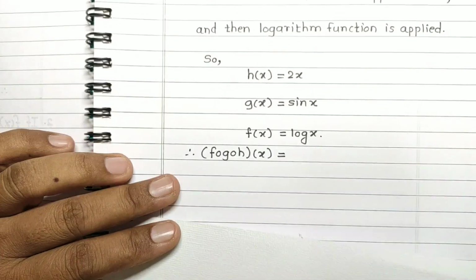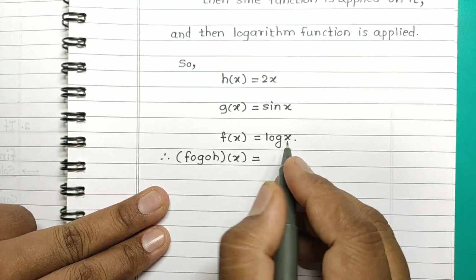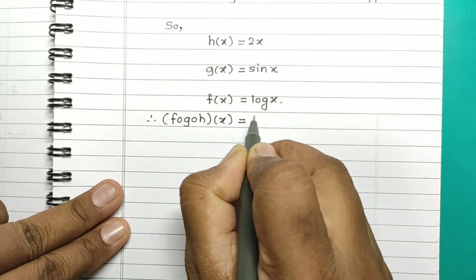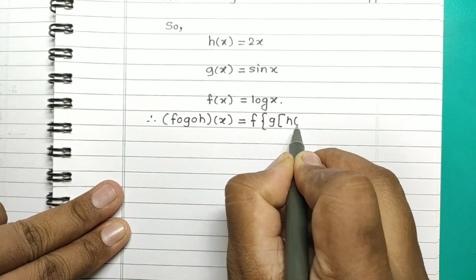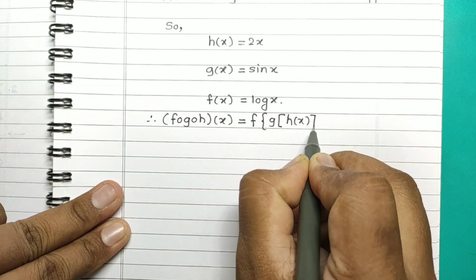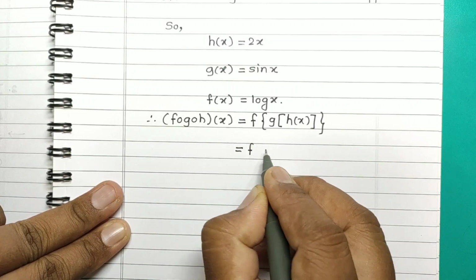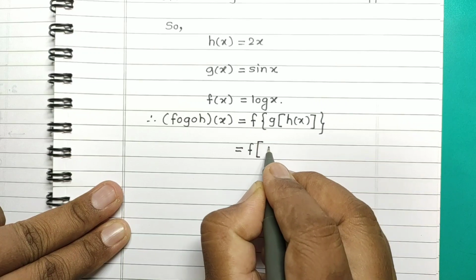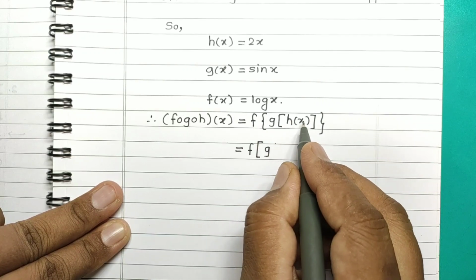So here let's find f of g of h of x. So this is nothing but f of g of h of x, by definition of composite function. So firstly function h is applied, so h of x is what?